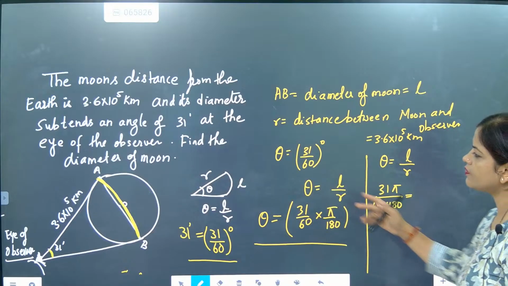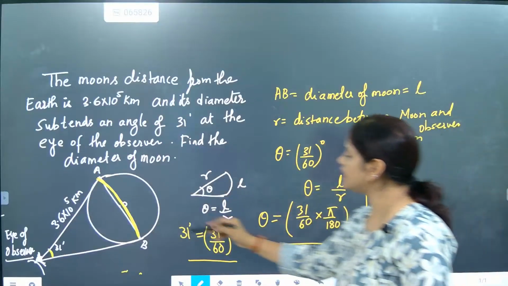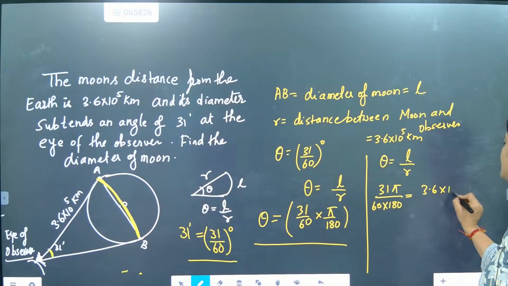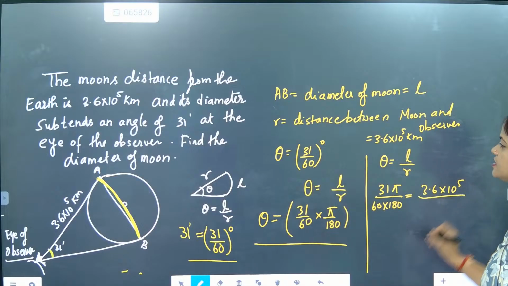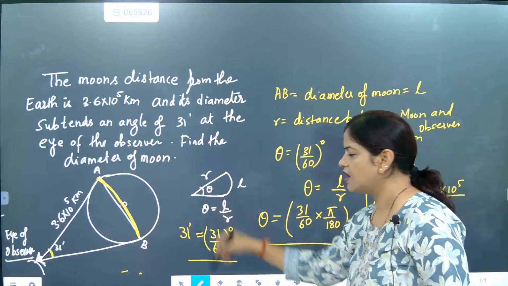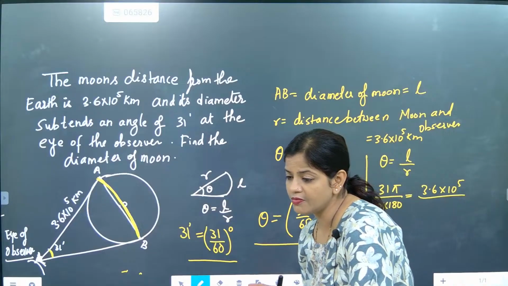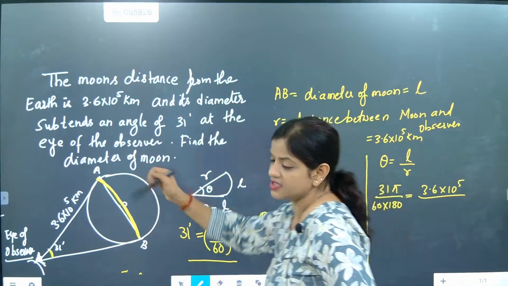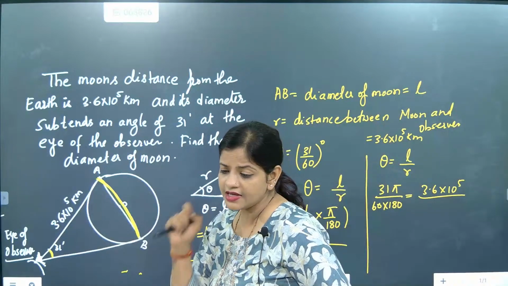The arc length is 3.6 into 10 to the power 5. And because this is the diameter, remember, radius is diameter divided by 2. In the formula, radius is r.